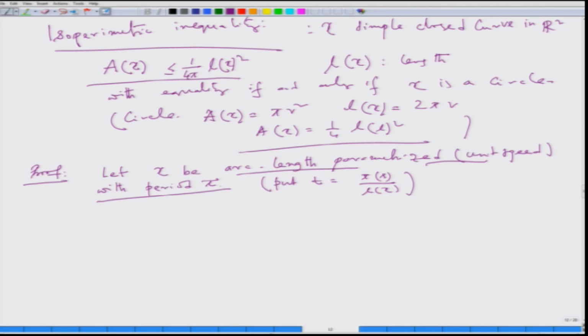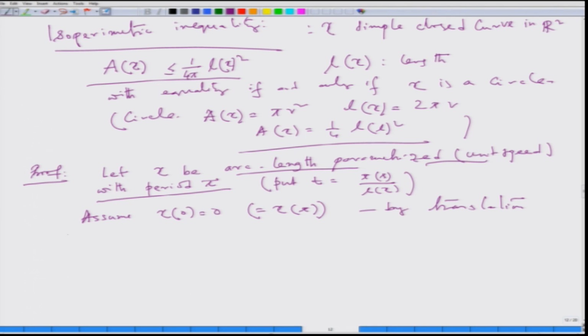Whatever the period is, you make that period pi by this transformation. Assume gamma 0 is 0, which is also equal to gamma pi, because it has period pi. This I can achieve by translation, right. Whatever the curve is, at 0 I can bring it to the origin.